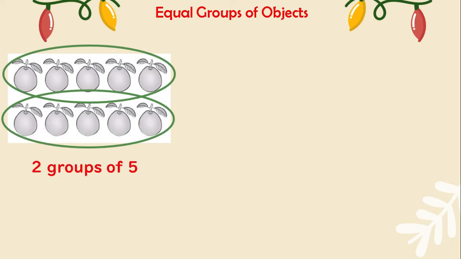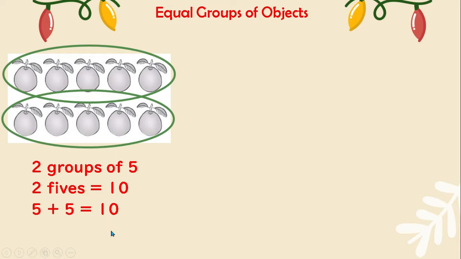We have 2 groups of 5. And 2 5s is equivalent to 10. Very good. The addition sentence for this will be 5 plus 5 equals 10, which means we're just going to add 5 by itself 2 times for us to get a sum of 10.